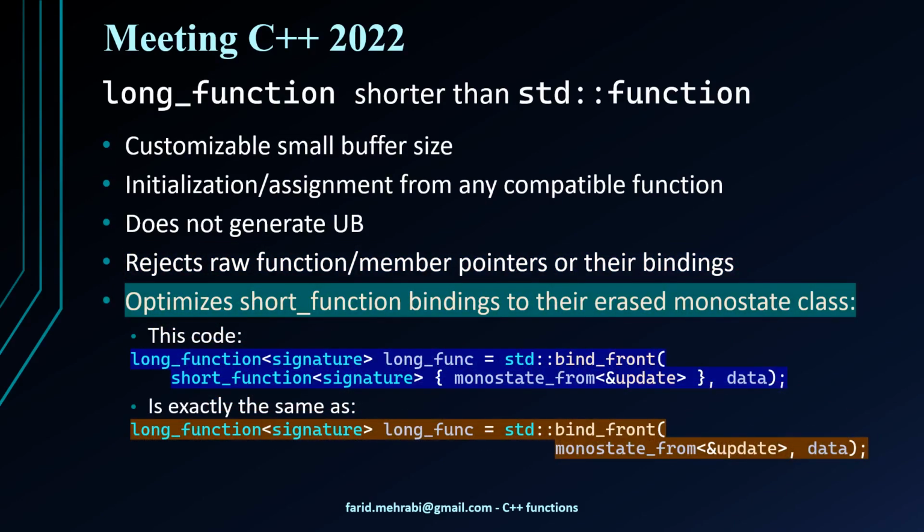It is also possible to perform an optimization when converting a short function to a long function. That is, instead of erasing the type of a short function into the long function, we directly erase the underlying monostate function stored in the short function.